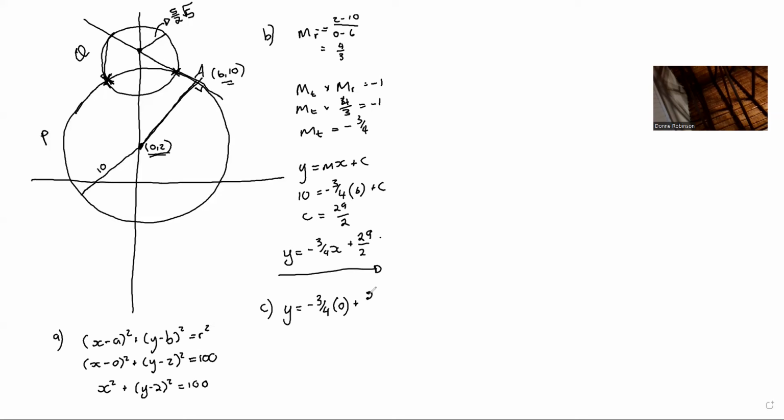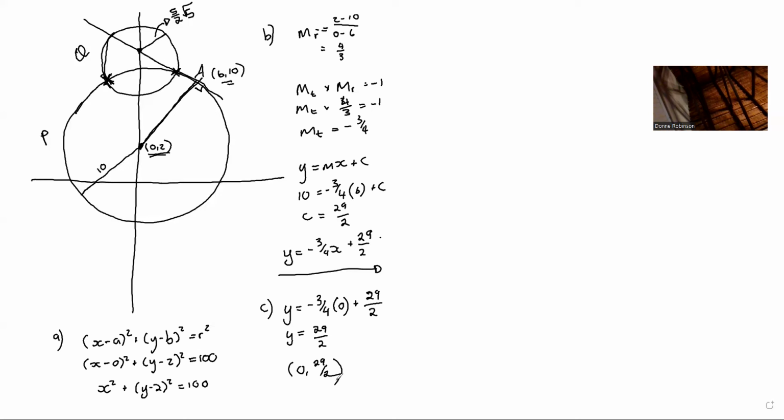I'm then going to get that my y is 29 over 2. So my coordinates of my center would be 0, 29 divided by 2. There we go. And we can use this to put in our circle equation.